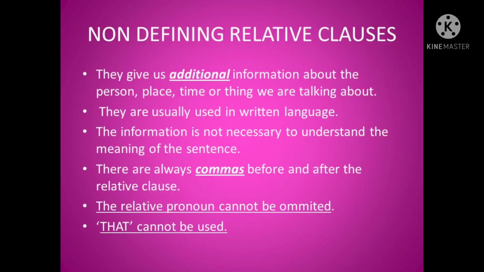The next relative clause is the non-defining relative clause. It can also be termed as a non-restrictive clause. A non-defining relative clause adds additional information to a sentence. It is usually a proper noun or a common noun that refers to a unique person, thing, or event.